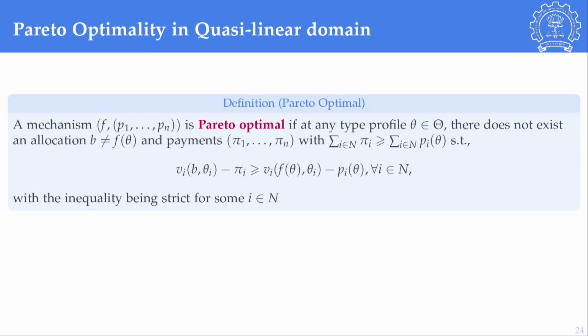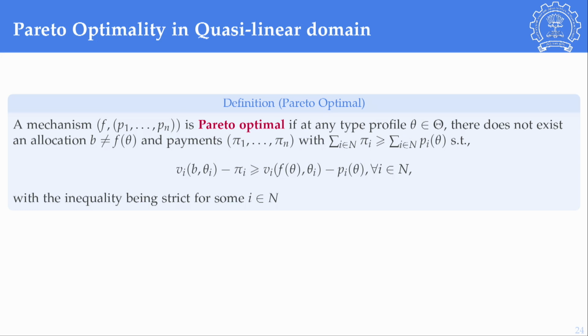The mechanism designer can give so much money to the players such that their utility is really very large. So to make this definition meaningful, we need some restriction on the payments. I cannot really say that my mechanism is Pareto optimal, because you can infinitely subsidize people. It has to satisfy now this condition, that it has to burn or at least gain me the same amount of revenue that I was getting in the original mechanism.